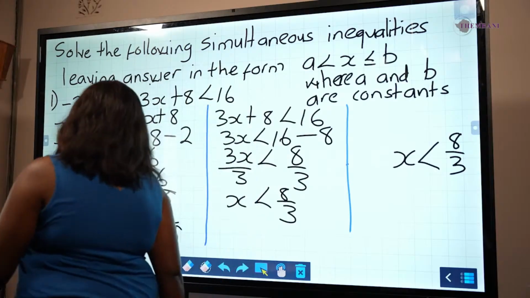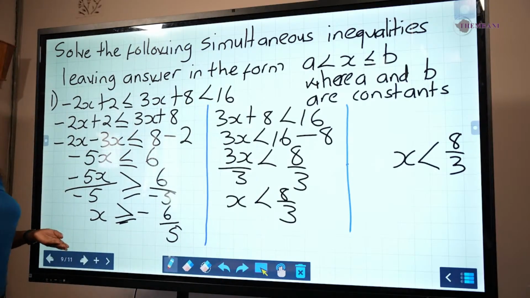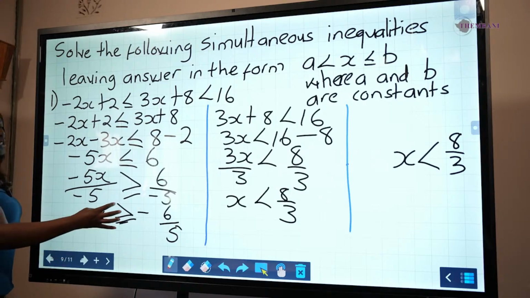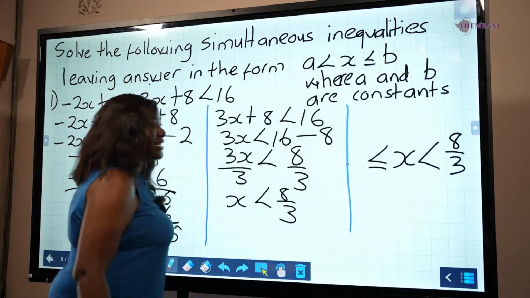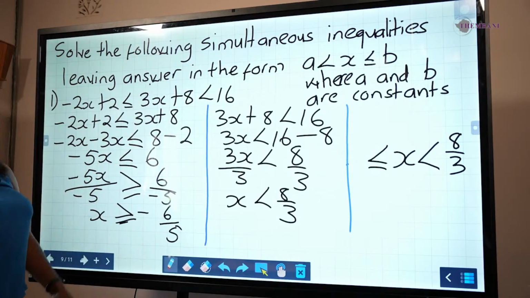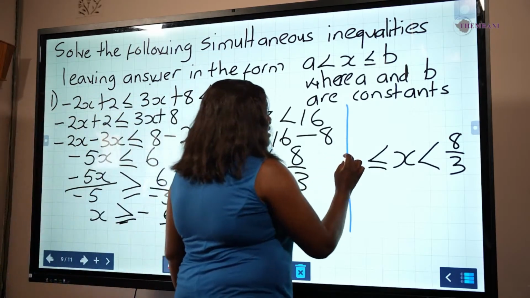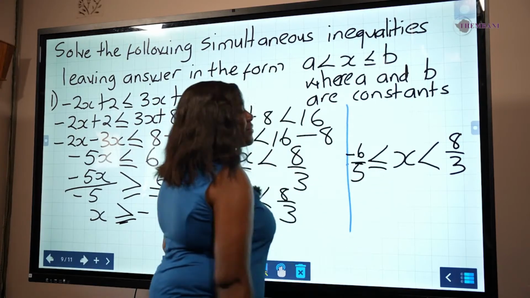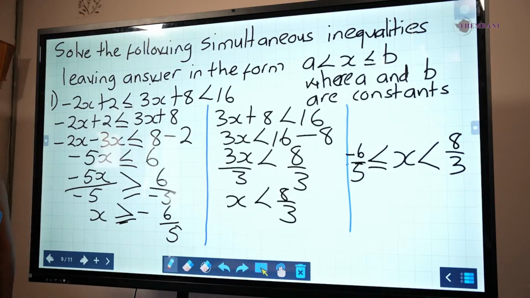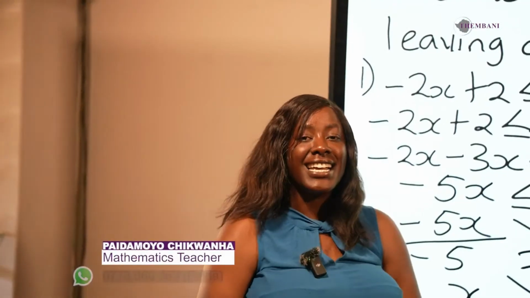Then this one is now interesting because it started with x is greater than or equal to negative 6 over 5. So I have my x already. Now I'm going to put my inequality sign facing x. So my inequality sign is going to face x like that. After writing my inequality facing x like that, I'm then going to put this number, my negative 6 over 5. We have written and we have solved this simultaneous inequality.